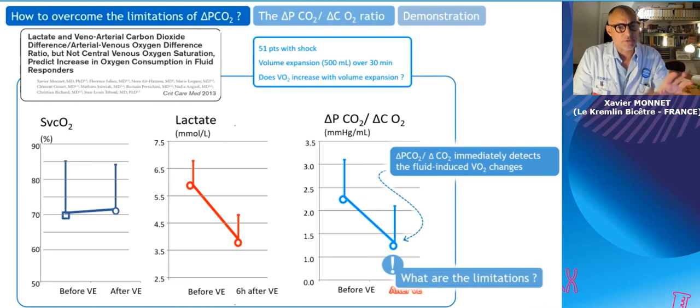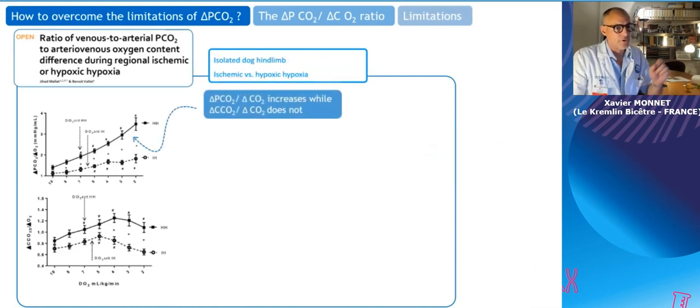To finish, there are some limitations. First, estimating the delta PCO2 through the delta CO2 content is reasonable, but not in some cases. This is a study where the hind limb of dogs was made ischemic, or oxygen was reduced.